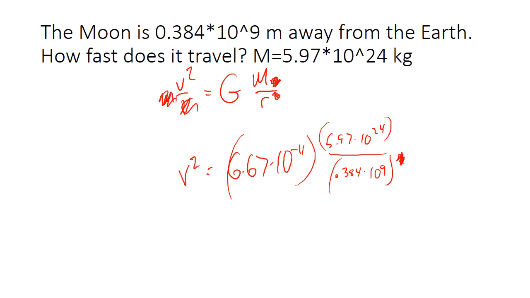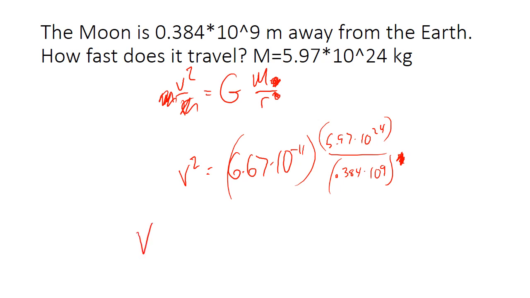Ta-da! Alright, now it's typing time. So 6.67 times 10 to the negative 11 times 5.97 times 10 to the 24 divided by 0.384 times 10 to the 9. Oh, it's a big number. Oh wait, the square root of it first, to the square root.